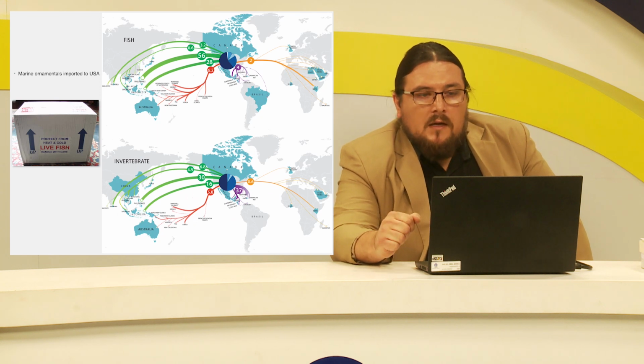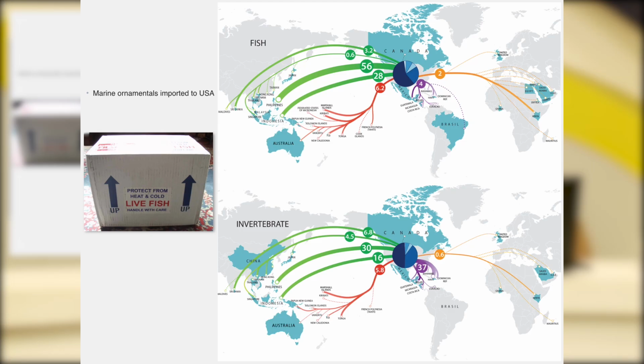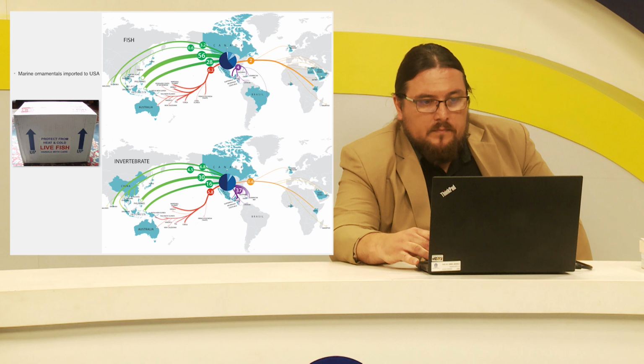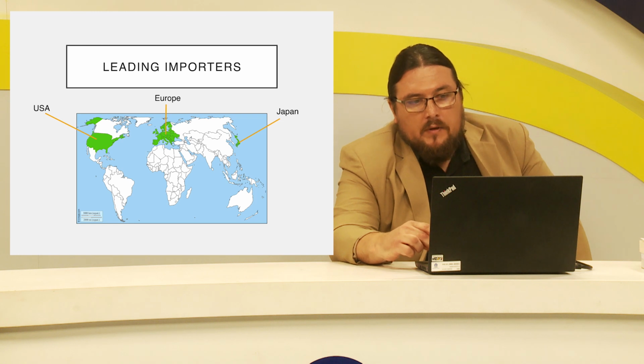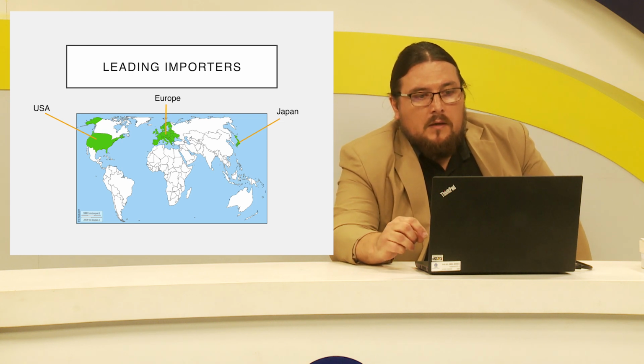Here is an example of import of marine ornamentals to the United States. You can see that the majority of these animals are exported from the Philippines, but Indonesia also plays an important role in this regard. And leading importers are in North America, Europe, and Japan.